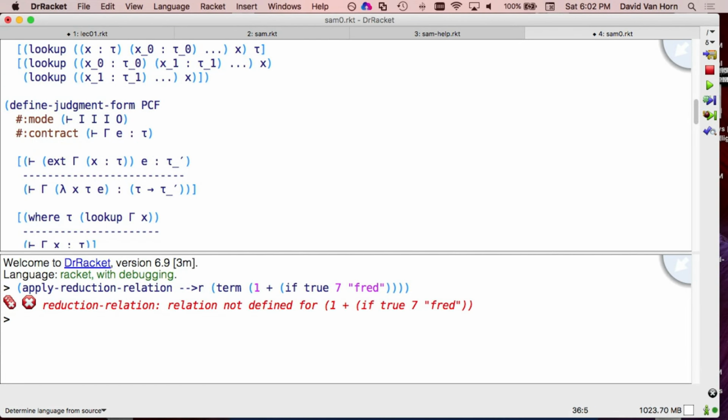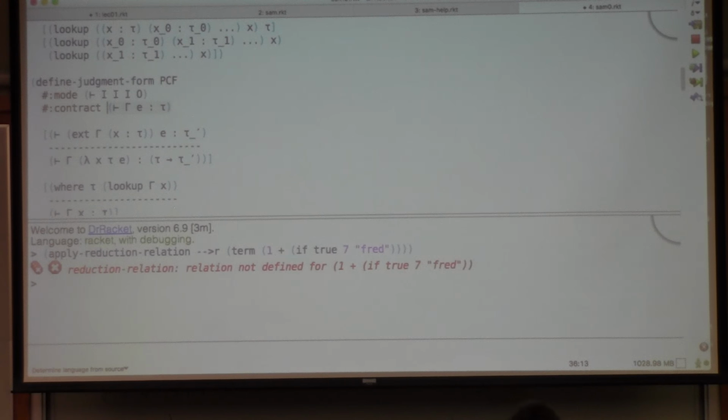Okay. Which is just the thing that Sam wrote down and put a square around when he wrote the definition, saying that this is a judgment that takes a type environment, an expression, a colon, and a tau, and gives you back a tau, I should say. And now that will be checked as well.